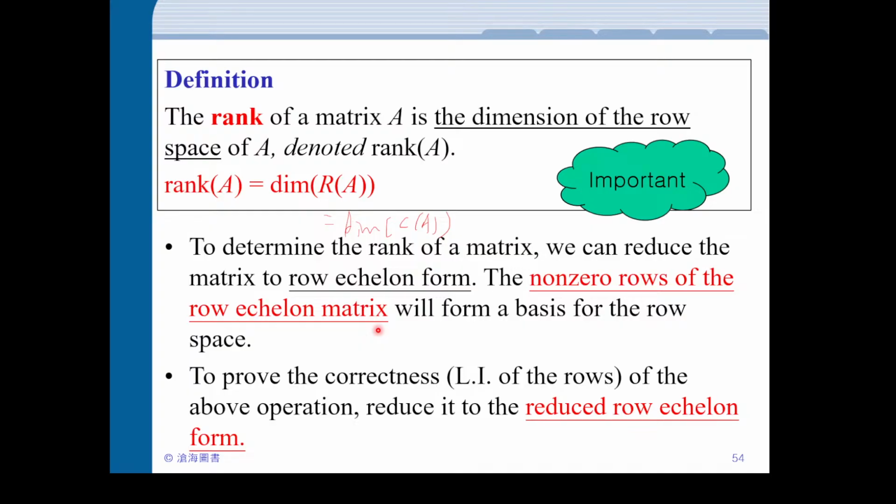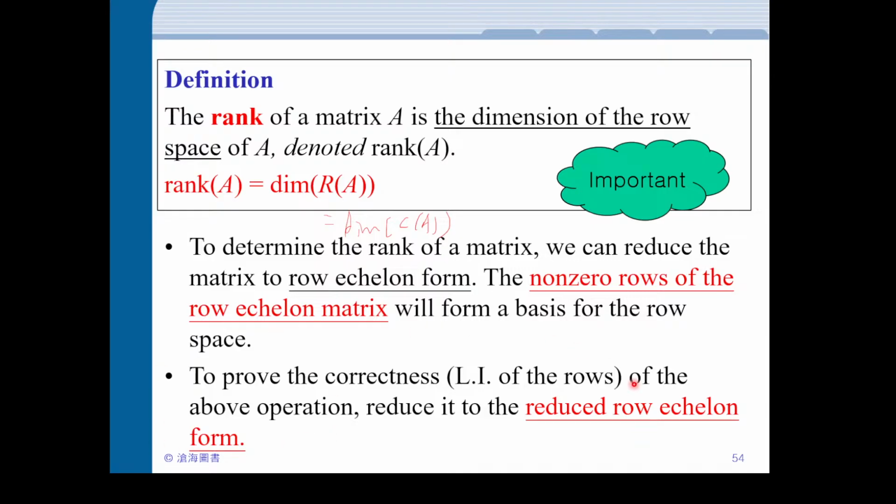If you want to determine the rank, you just make your matrix into row echelon form. Then the non-zero rows will be a basis for your row space, so the number of non-zero rows is just the rank of your matrix.